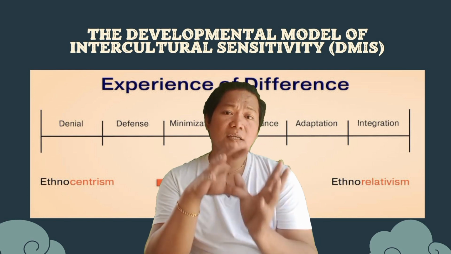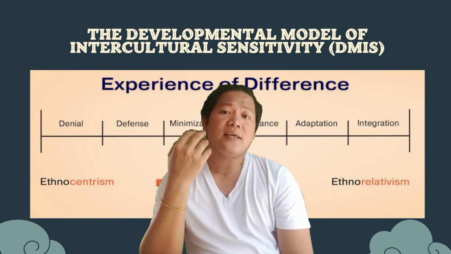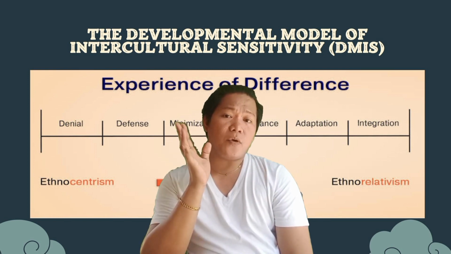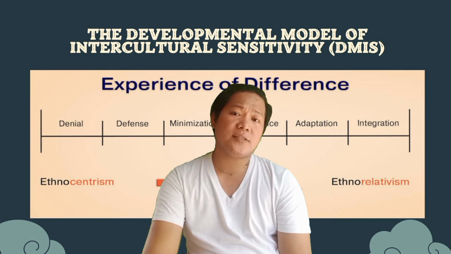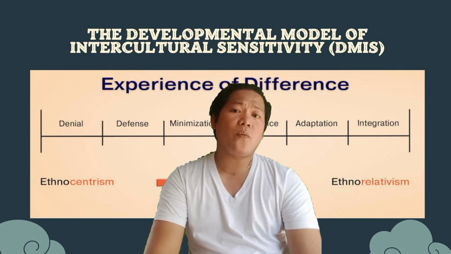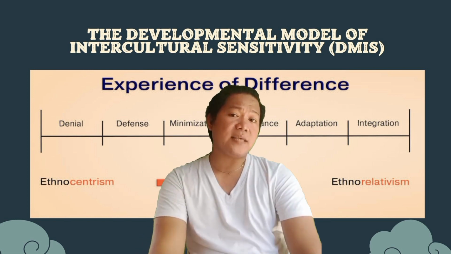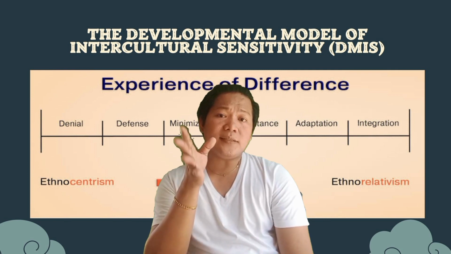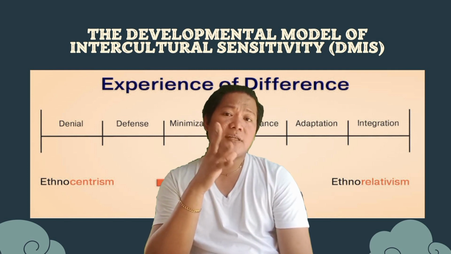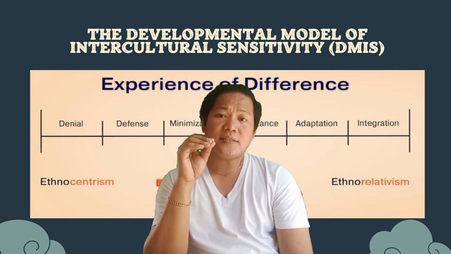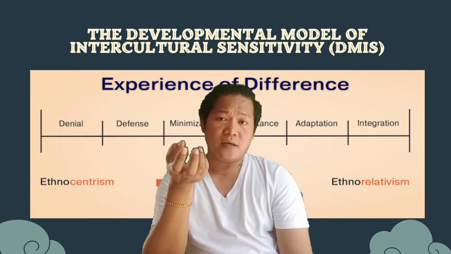So, specifically, the DMIS theorizes that individuals move from ethnocentric stages, where one's culture is experienced as central to reality, for example, denial, defense, and minimization, through ethno-relative stages of greater recognition and acceptance of difference.